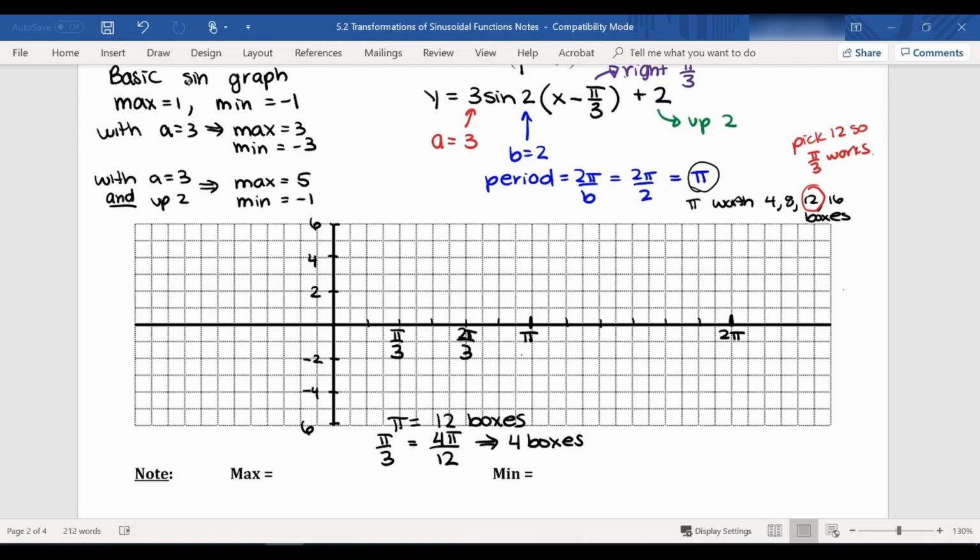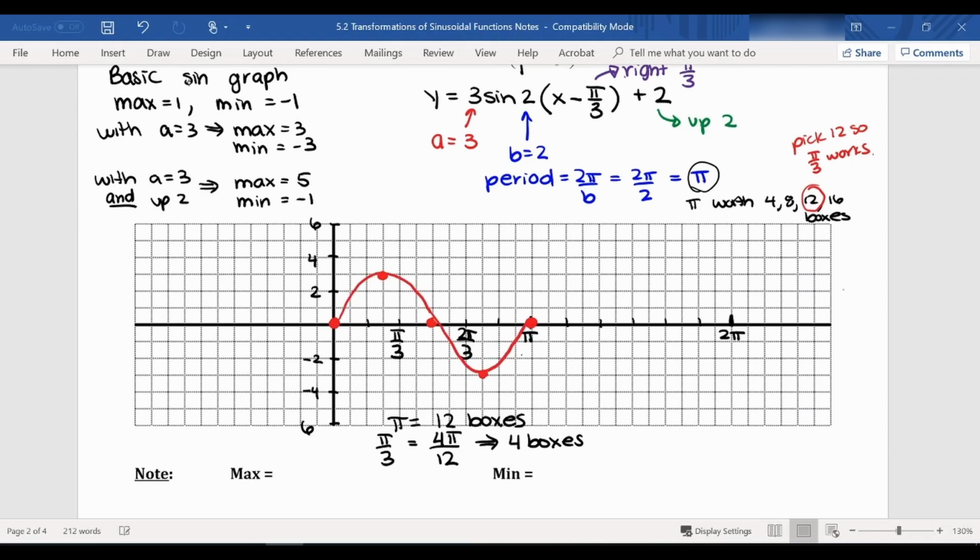So my basic sine graph, if my period is pi, I know I'm going to start at 0, end at pi, cross halfway. My change in amplitude means my maximum, which is halfway between the first 2 points, is now going to be at 3. My minimum, halfway between the next 2 points, is going to be at -3, and I'm going to draw this in.